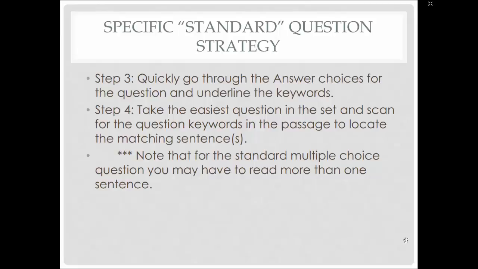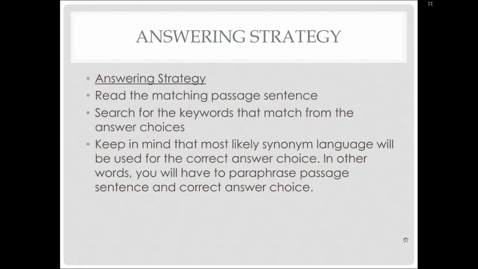That's going to be helpful for you to do. All right. So you want to read the matching passage sentence, and then you want to search for the keywords that match from the answer choices. Which keywords from the answer choices do you see in that sentence in the passage?